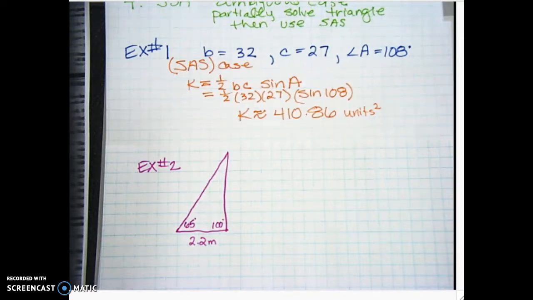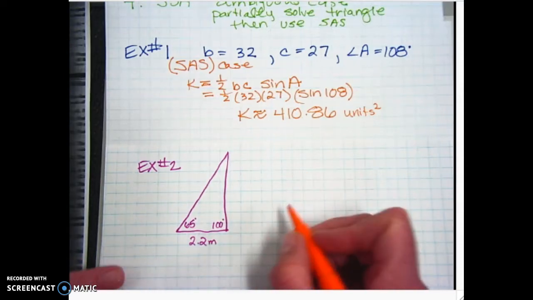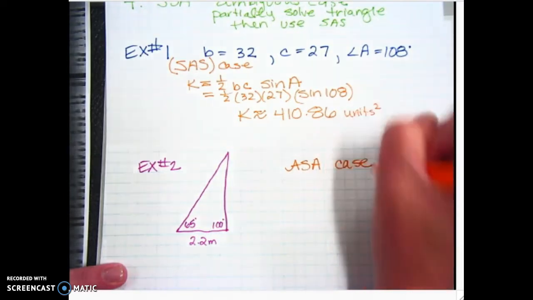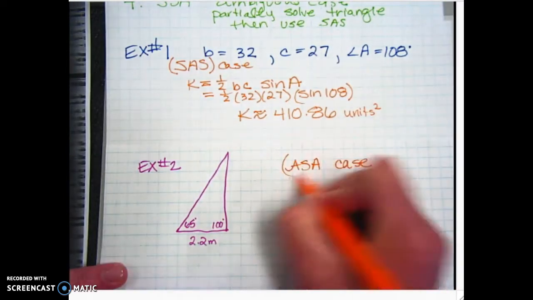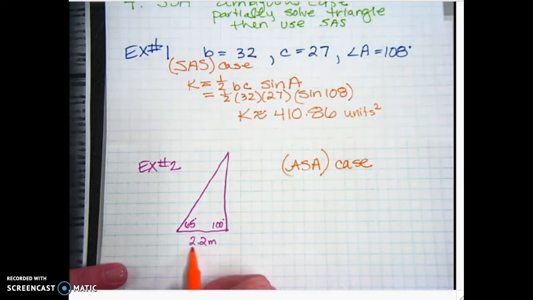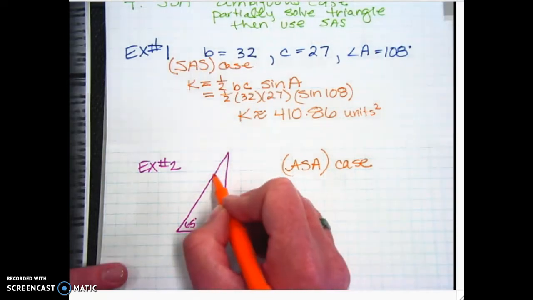So looking back at our list, which one is it? Angle, side, angle, right? So this is our angle, side, angle case. We've got two of the angles and we need this angle over here.